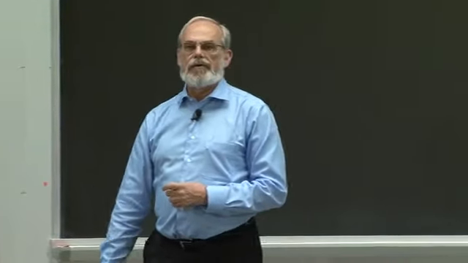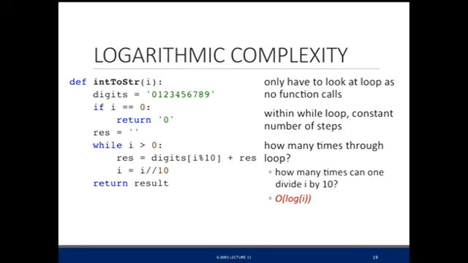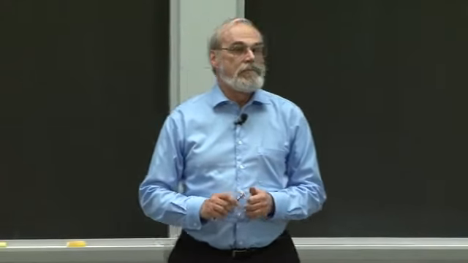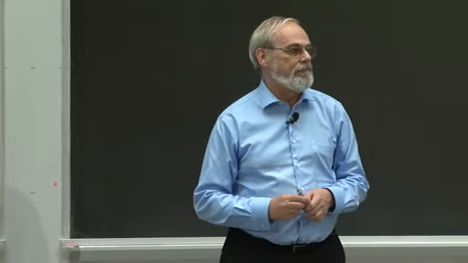What I care about is the order of growth here. This is all constant. All I want to worry about here is how many times I go through the loop. And inside of the loop, this is just constant. It doesn't depend on the size of the integer. So how many times do I go through the loop? Well, how many times can I divide i by 10?